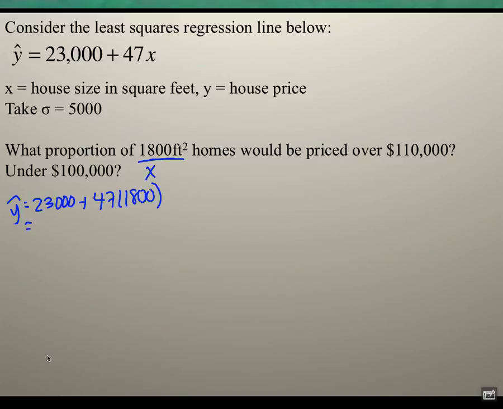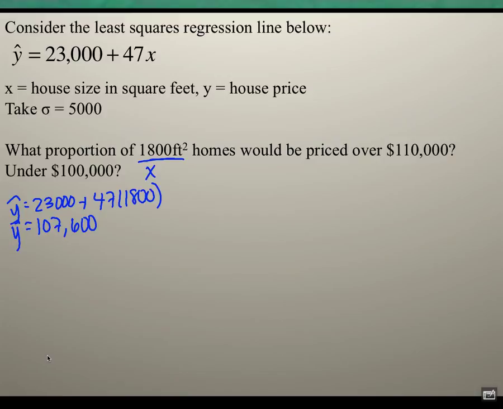I have no idea what that is. Really? I got 107,600. Yeah. Okay. So this is the predicted price, or it's going to be the average price for houses of this size.